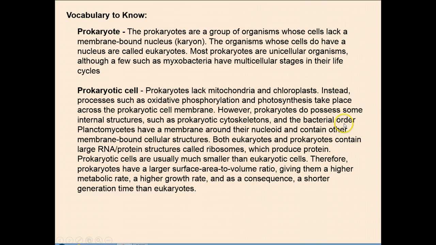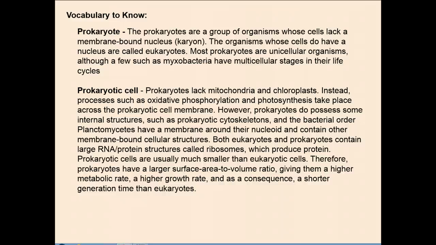Prokaryotes are a group of organisms that lack a nucleus, which we talked about. The organisms whose cells do have a nucleus are called eukaryotes. The prokaryotes are unicellular organisms. So try not to get these two confused. I try to keep these straight and simple.